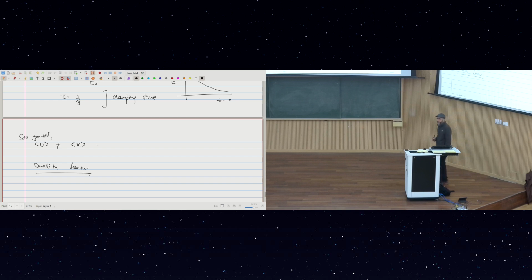Now, there is another term that's used to describe the amount of damping in a system. It's called the quality factor of a system, the Q factor.